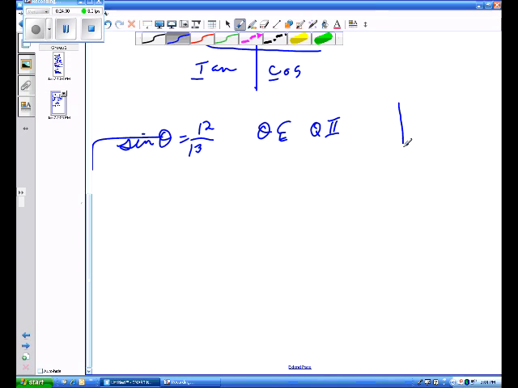So we have an angle that's coming around and terminating in quadrant 2. And we want to find all of our other functions, given one function.